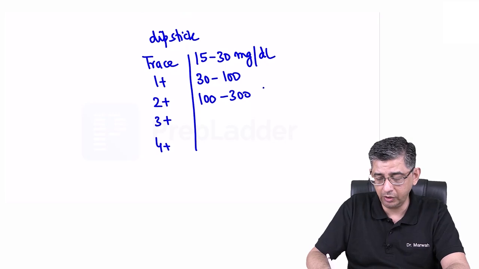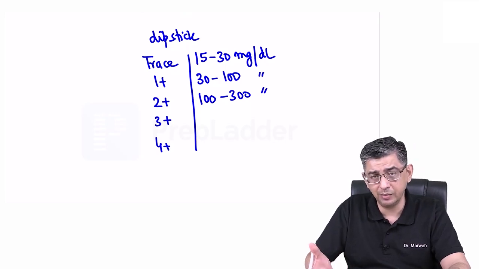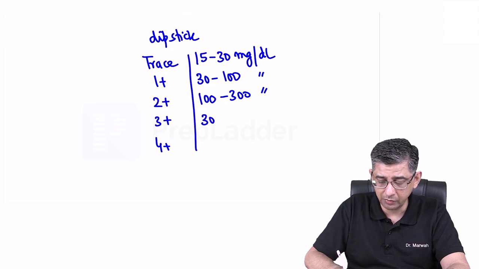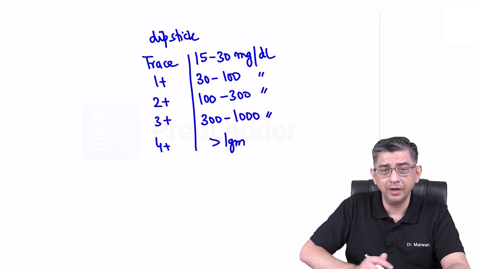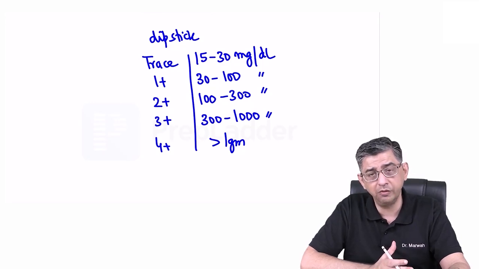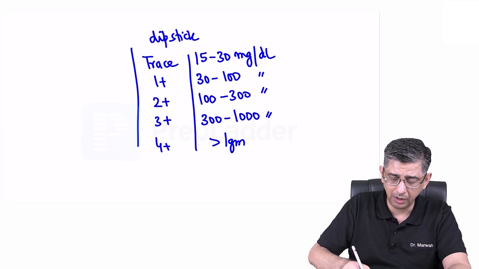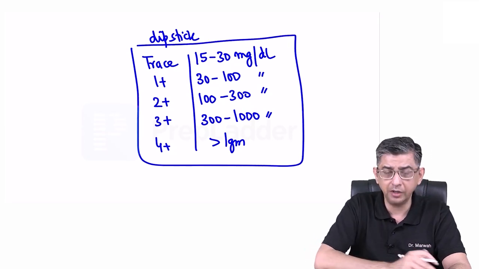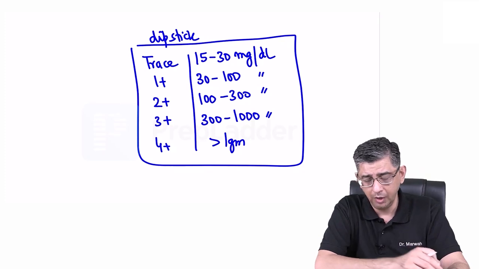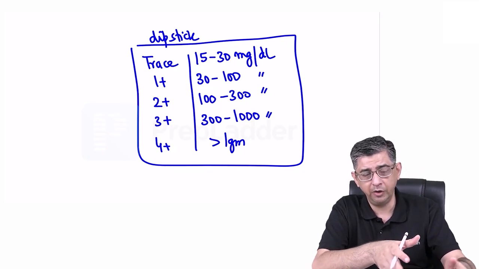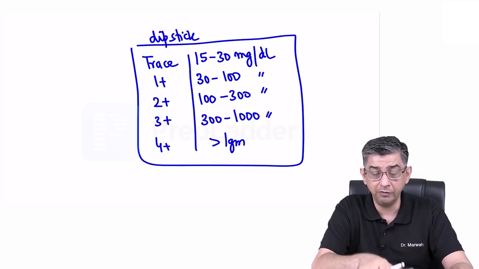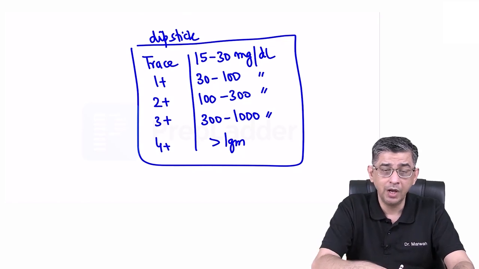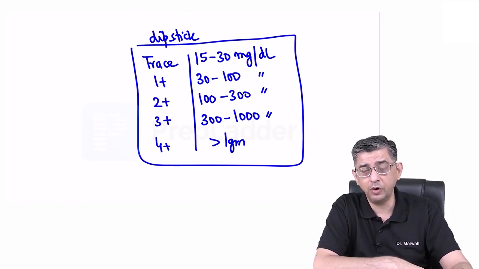That is what I was initially talking about as a moderately increased proteinuria in a patient. 3 plus would be slightly more, going up to about 1 gram. And if it's going to be more than 1 gram, then the dipstick would rather be giving you a report of 4 plus. So this is just interpretation of the dipstick that you should also try and remember, though most of the time it is the urinary albumin to creatinine ratio or the albumin excretion rate which will mostly be written in MCQs, including when you listen to the discussion of chronic kidney disease.